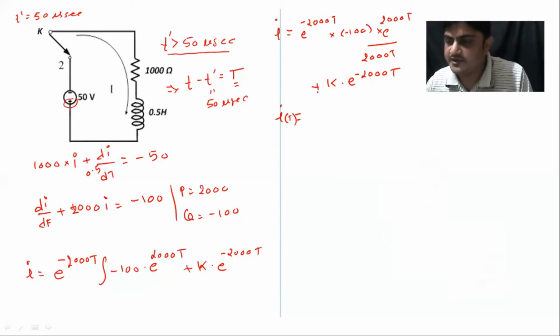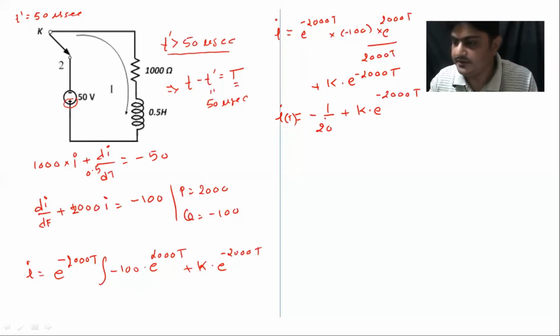So my I of t is equal to, this is e raised to minus 2000 t, this is e raised to plus 2000 t, so that is equal to 1. What about 100? And this is 2000. So I will get minus 1 divided by 20 plus k into e raised to minus 2000 t. This is my expression for current.